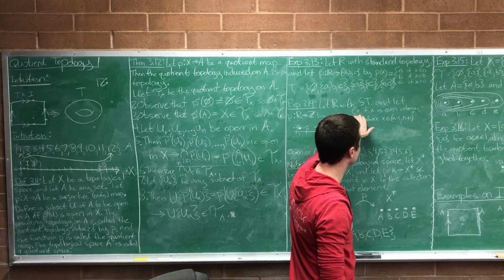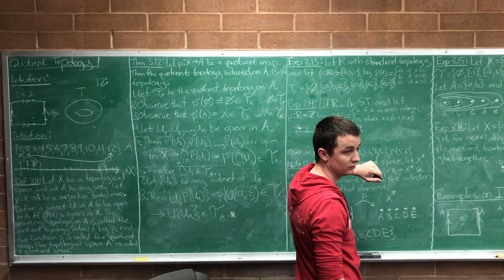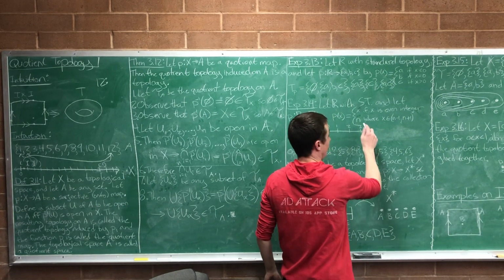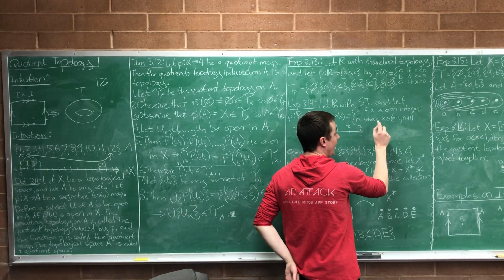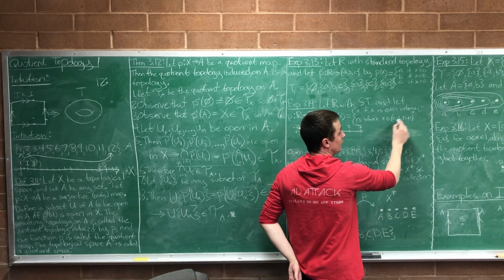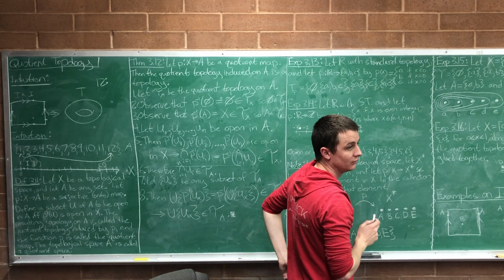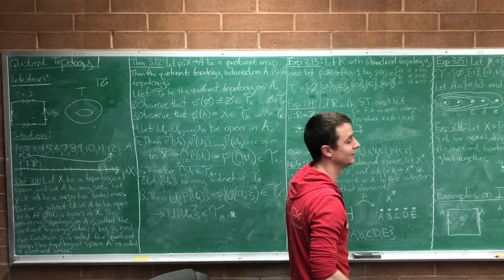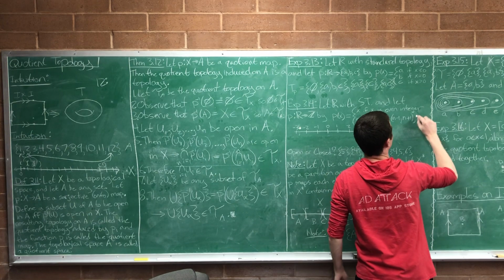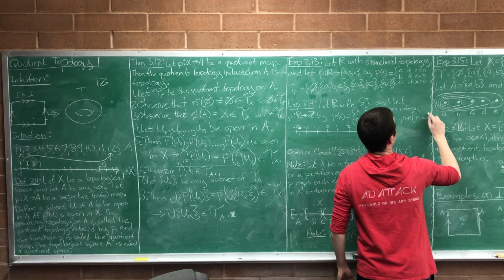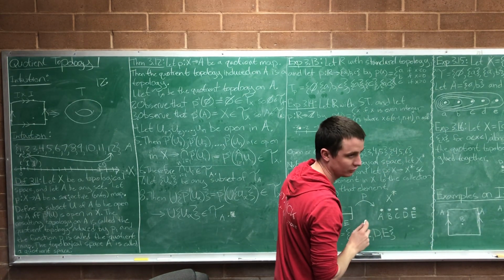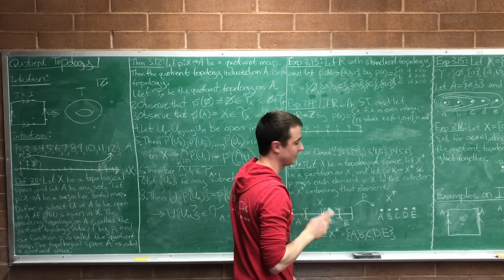So if x is an even integer, then we just map it to itself. Otherwise, we map it to n, where n is the odd integer contained in that interval. This sounds messy, but once you see the picture, you'll pick it up pretty easily.